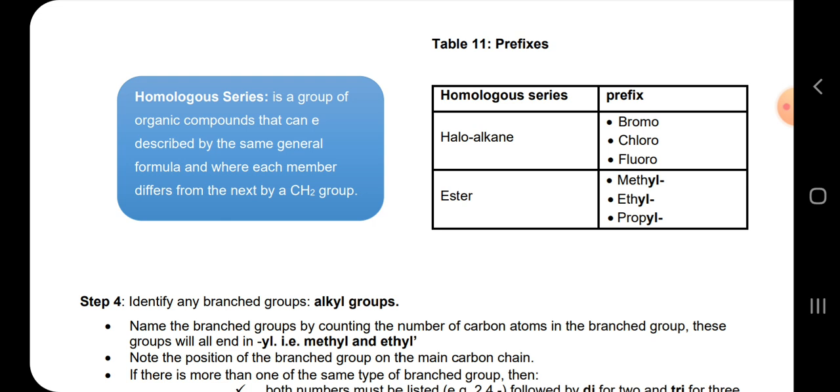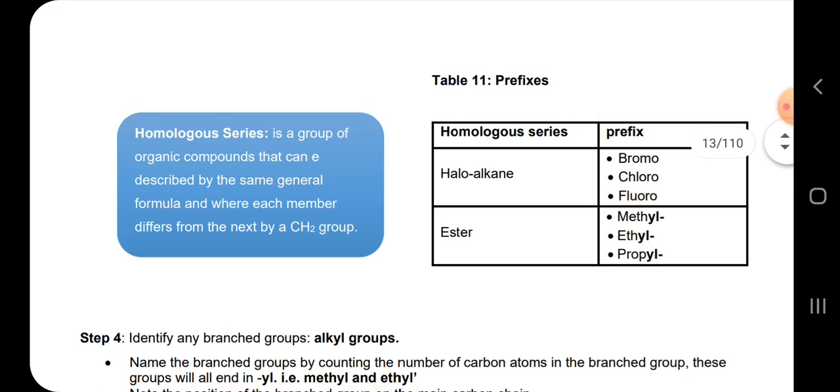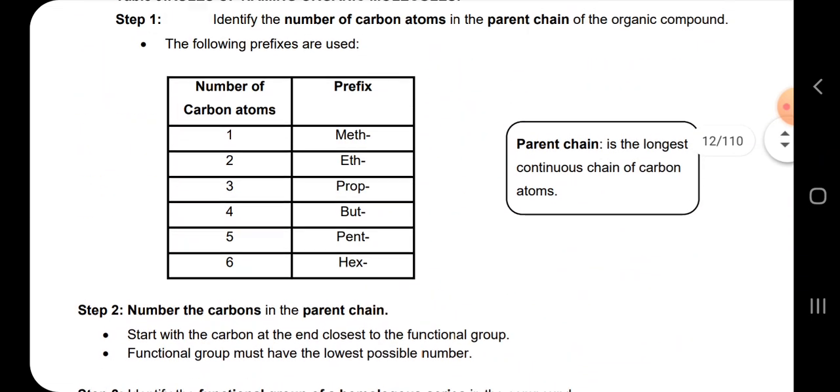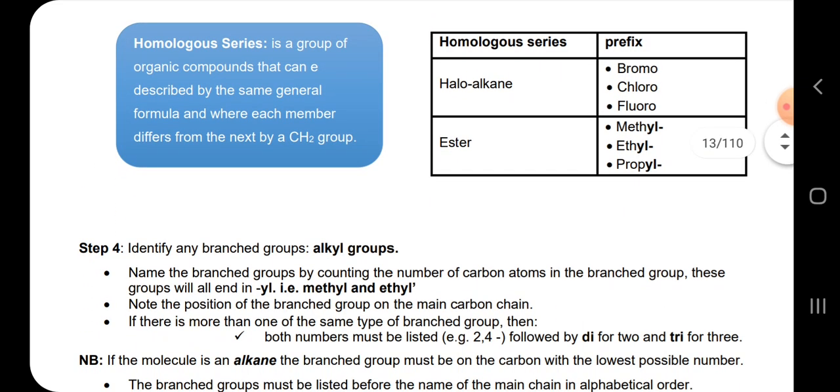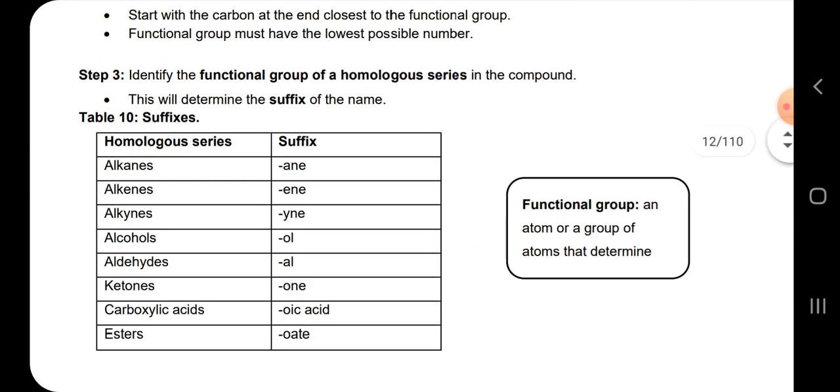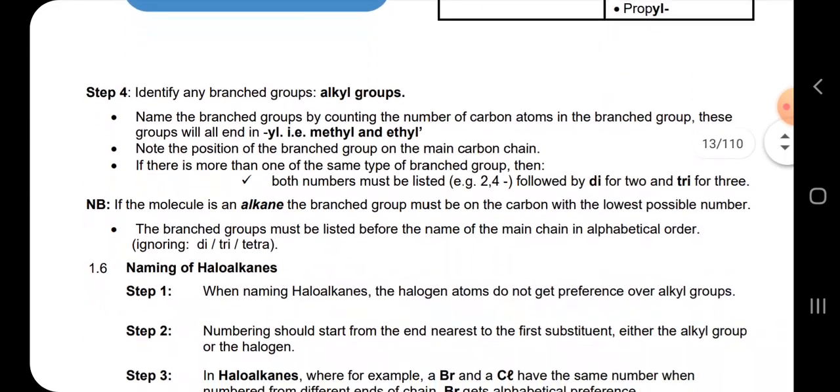For ester, it is methyl, ethyl, propyl. So those are the prefixes for only haloalkanes and esters. For other compounds, you will not use these prefixes. So we only use these ones for haloalkanes and esters. Remember, keep that in mind.